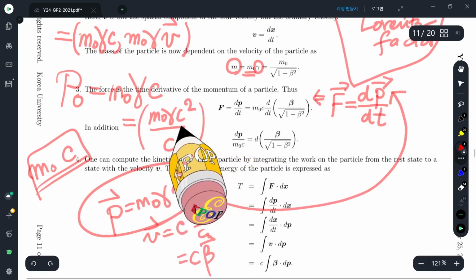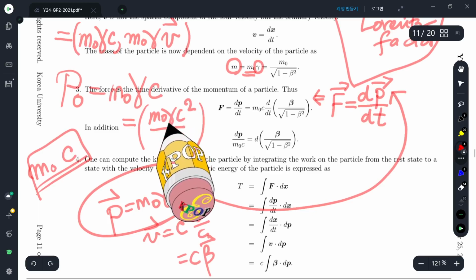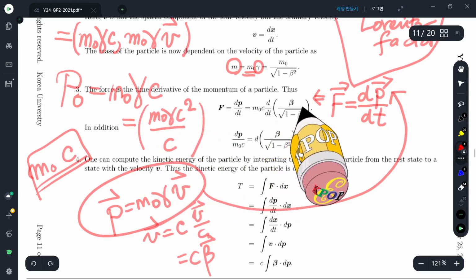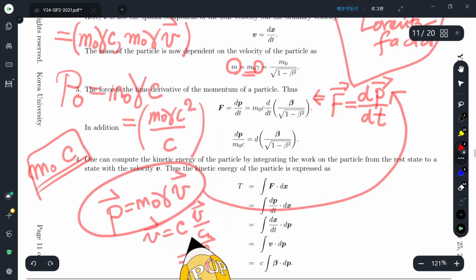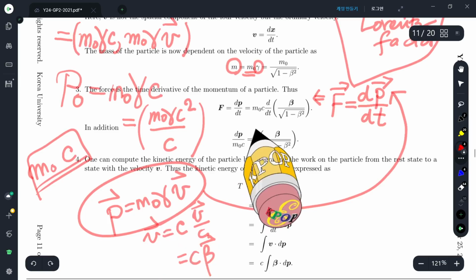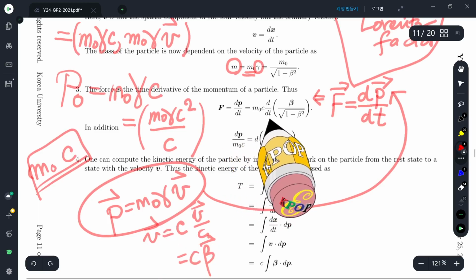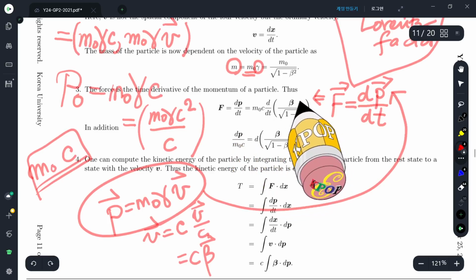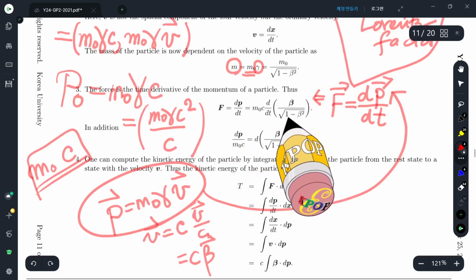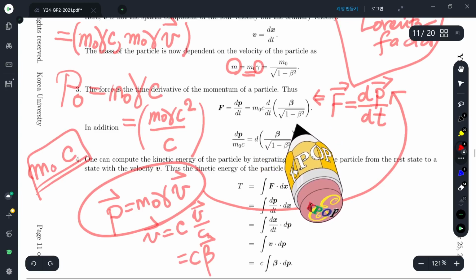Therefore, the gamma factor is written in this form, and then with velocity after the rescaling by the speed of light, the force is expressed as the ordinary time derivative of beta over square root 1 minus beta squared.